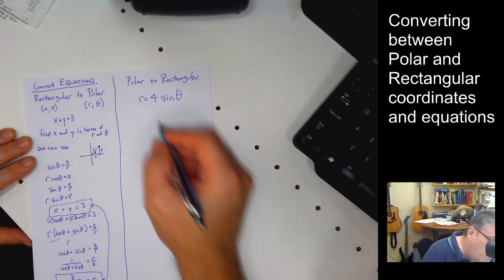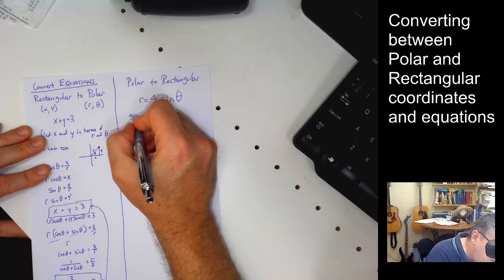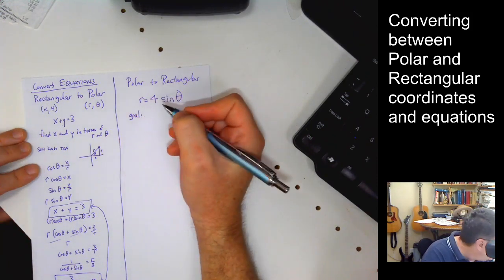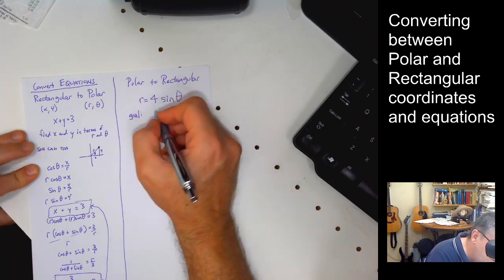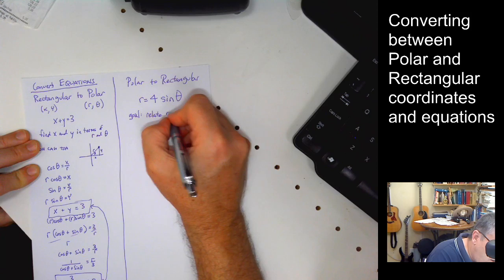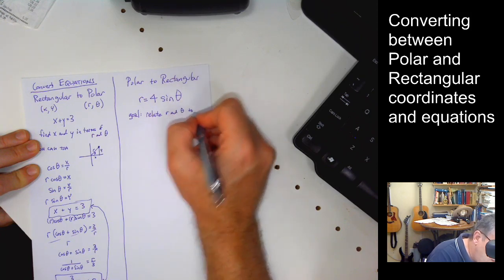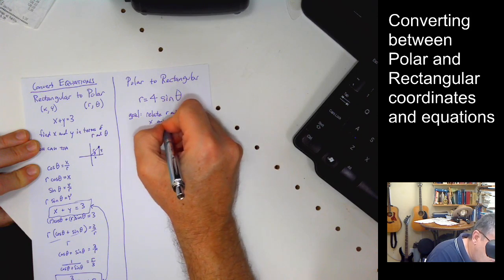So now, what's the goal if we're going polar to rectangular? Always keep in mind what you're trying to accomplish. Our goal is to relate r and theta to x and y.